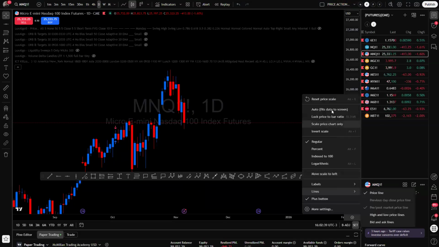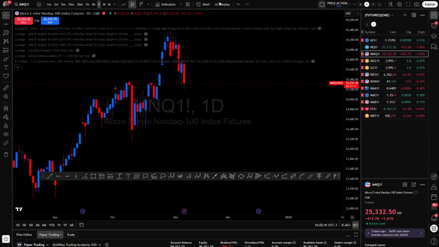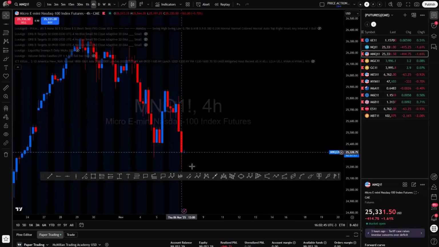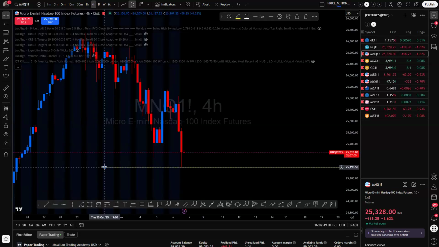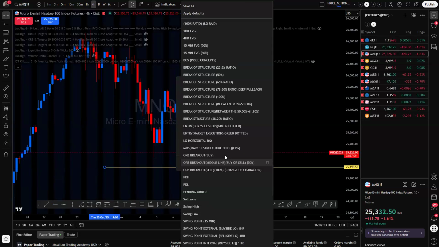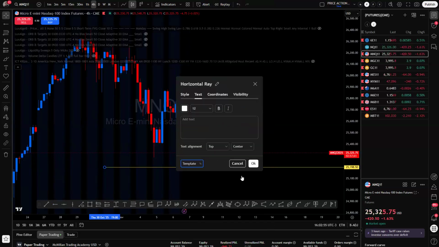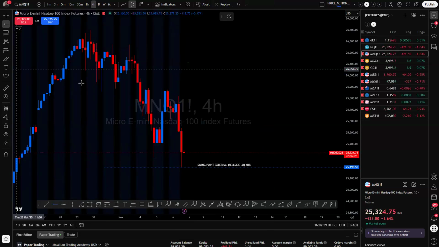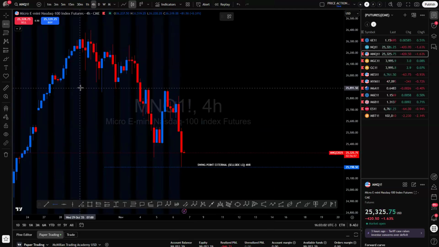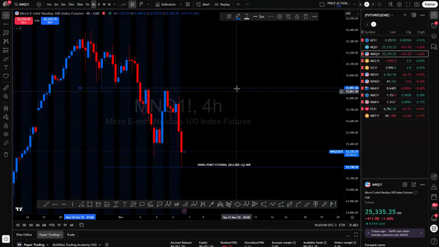So now, let's do this. Let's go to the 4-hour. A lot of volume here. So let's go ahead and mark up our buy side and sell side liquidity. So we have sell side liquidity on the 4-hour. And then our buy side liquidity right up here.